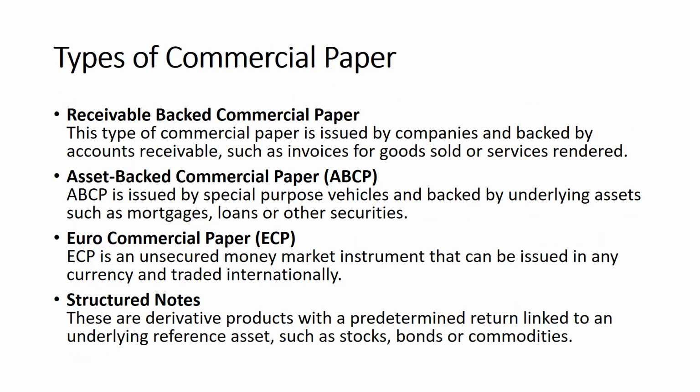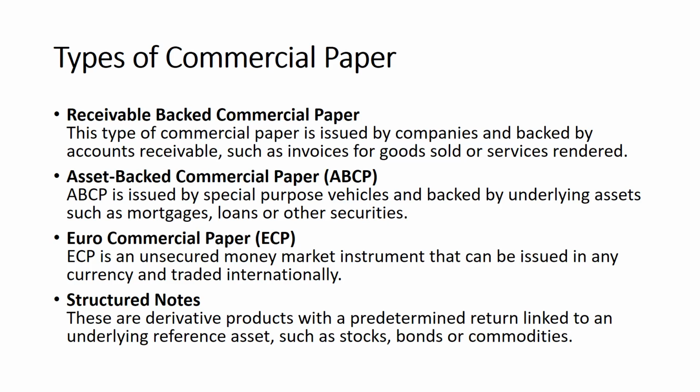The other type is receivable-backed commercial paper. This type of commercial paper is issued by companies and backed by accounts receivable. The accounts receivable is on the asset side, which is going to come to the company in the future, such as invoices for goods sold or services rendered.